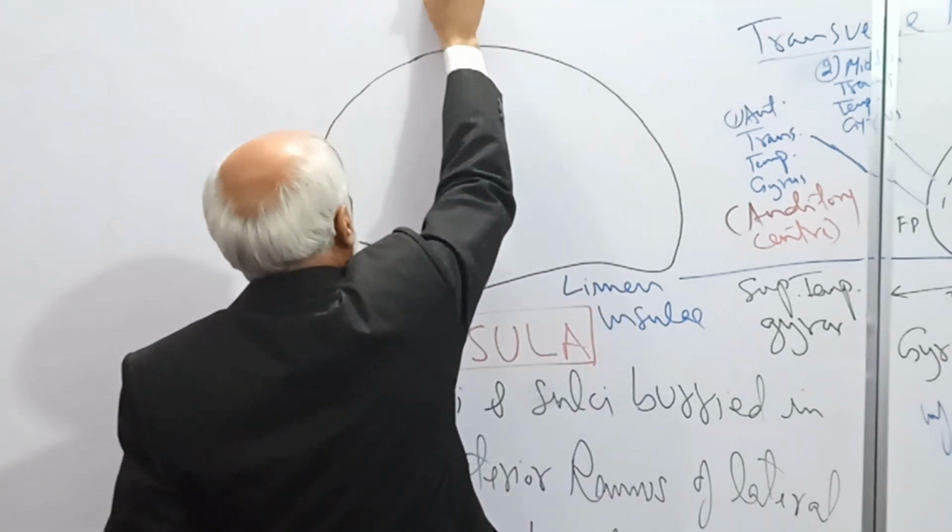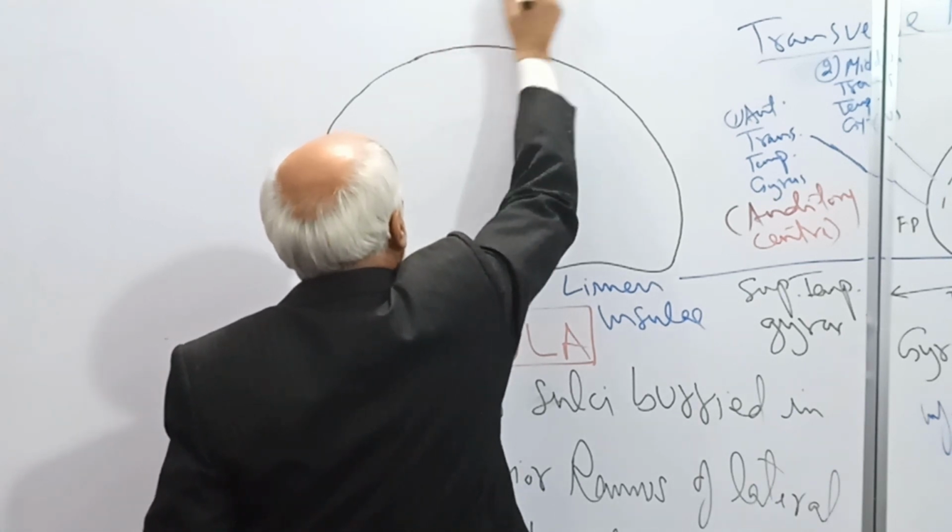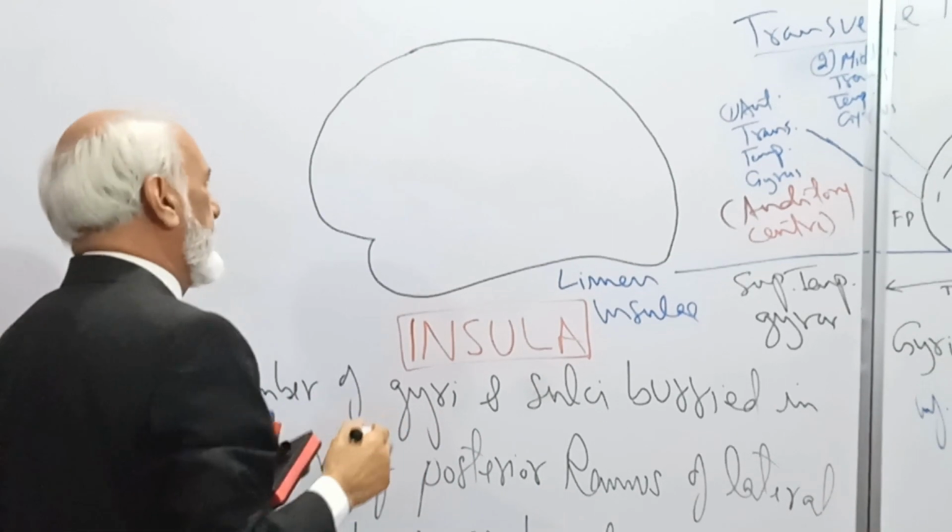Now this is the medial surface of the cerebral hemisphere.